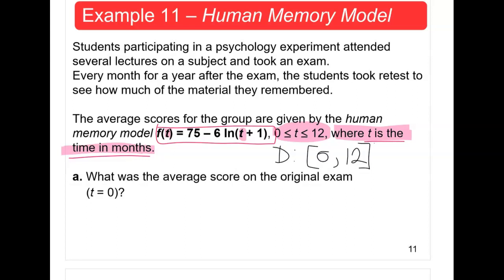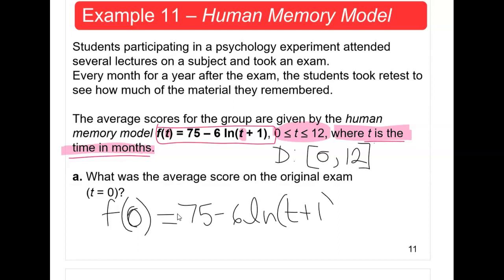Of course, the material was newer in their head, so my guess is that they score the highest that they could. So I'm going to substitute a 0 right there. In fact, let's just do it here. Substitute with a 0.